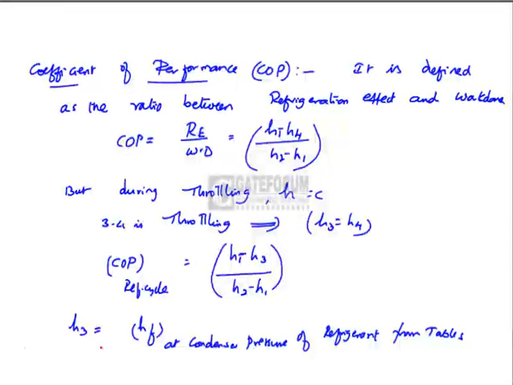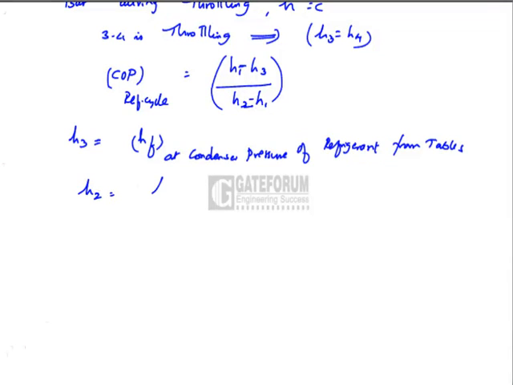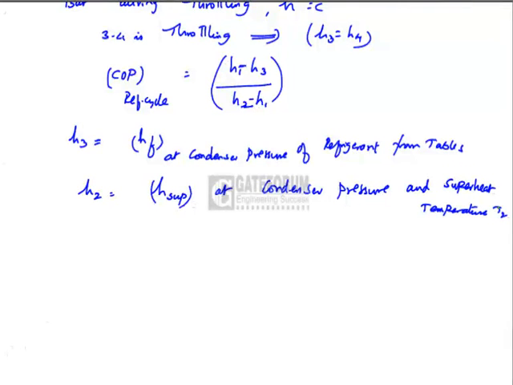So H1 and H3 could be obtained directly from the table, whereas H2 is enthalpy of the superheated refrigerant at condenser pressure and superheat temperature T2.